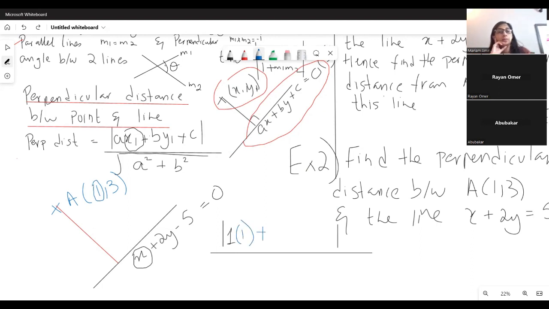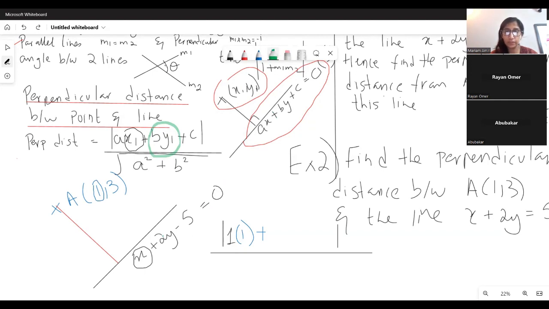Plus, can anybody tell me what is by1? What is b and what is y1? Miss, 3 will come in place of y1. You're right, y1 is 3, but what is b? 2.